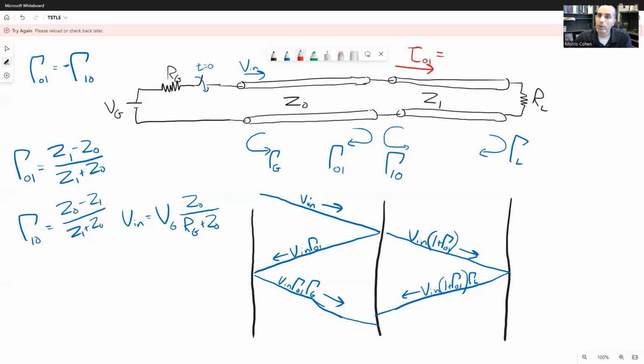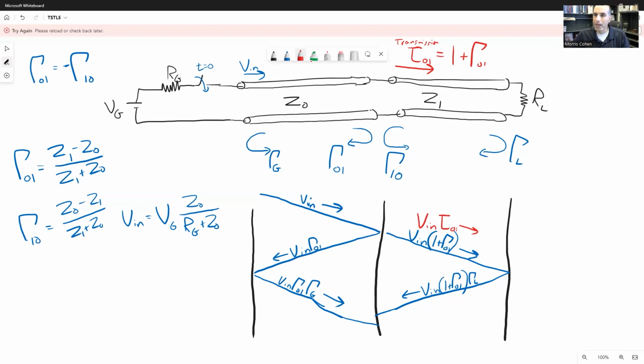And tau 0,1 is going to be equal to 1 plus gamma 0,1. And this is, again, called a transmission coefficient. So if you prefer, instead of Vn times 1 plus gamma 0,1, I could write this as Vn times tau 0,1. It's slightly more compact, but you would get the same answer. And you can repeat this process for the rest of this as well.